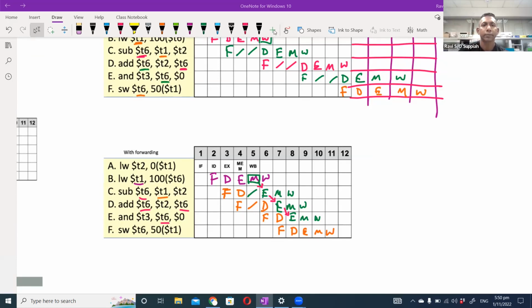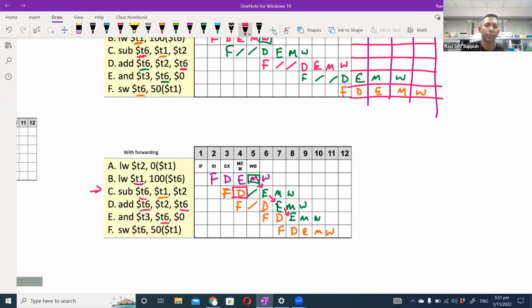If I look at my earlier instruction here, I am stuck in the decode stage. When I'm stuck in the decode stage, I'm occupying the registers in the decode stage, which means I cannot have another instruction come in and occupy the decode stage. At any point of time, only one instruction can occupy one stage.